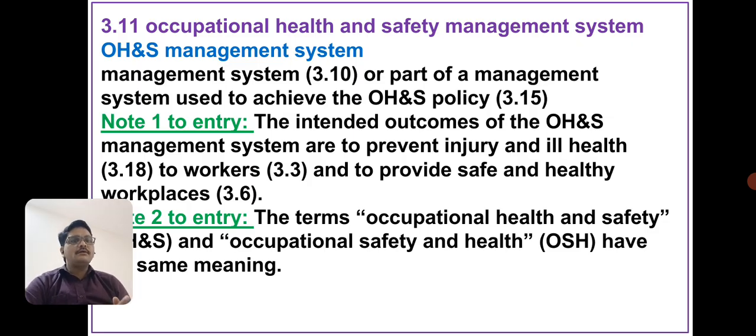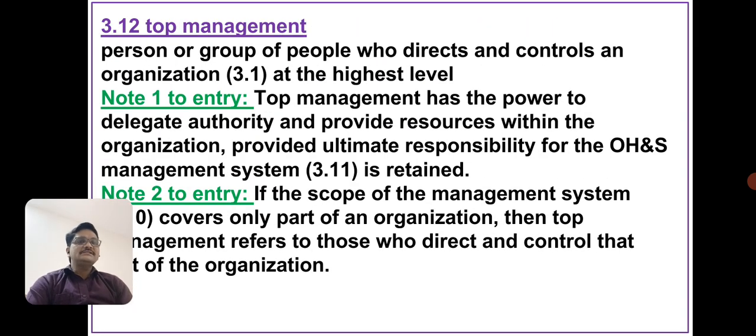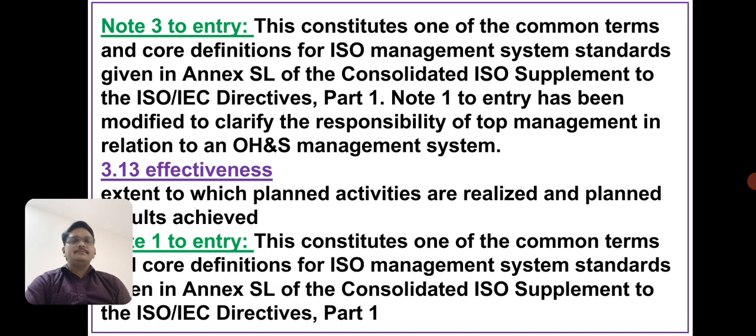It is a part of the management system used to achieve the OHS policy. Next is top management. A person or group of people who direct and control the organization at the highest level. That is top management. Effectiveness is the extent to which planned activities are realized and planned results achieved.